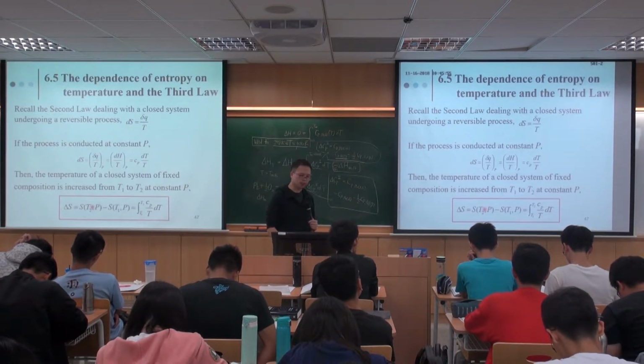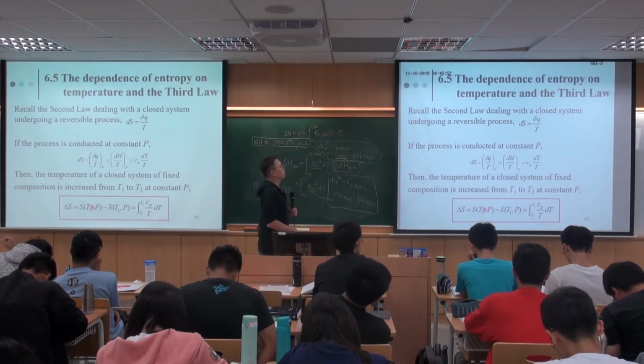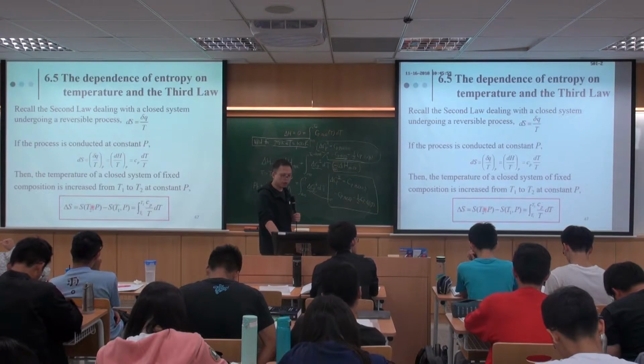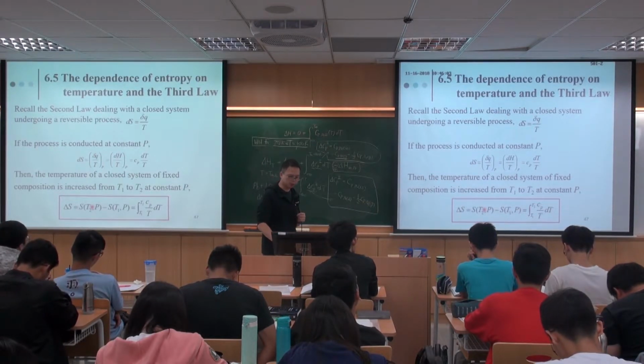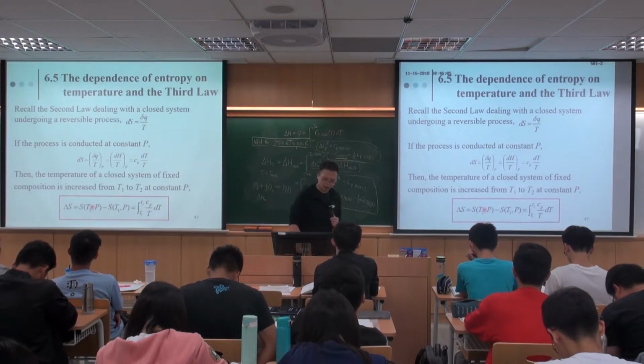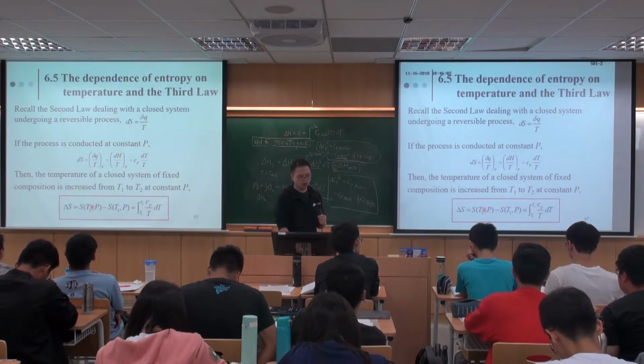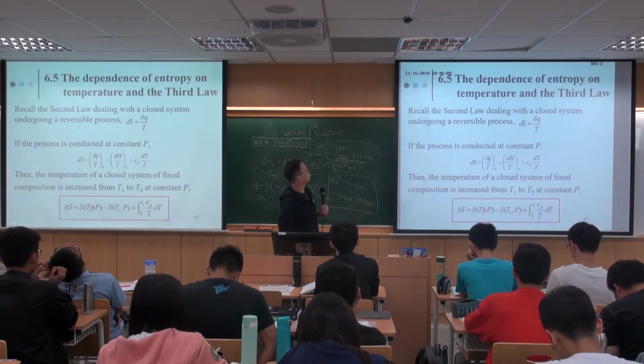So we've already discussed the calculations of enthalpy. Now we want to talk about the calculation of entropy. And it is, again, very straightforward, and I've already mentioned this last week.